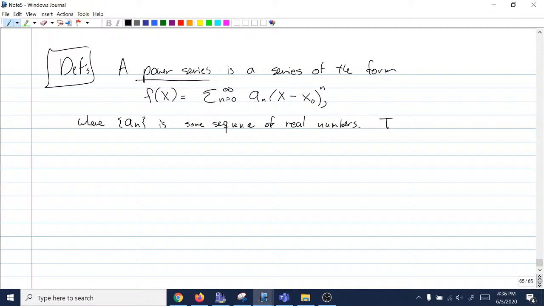This expression is a power series centered at x naught, and it is defined whenever the series converges.